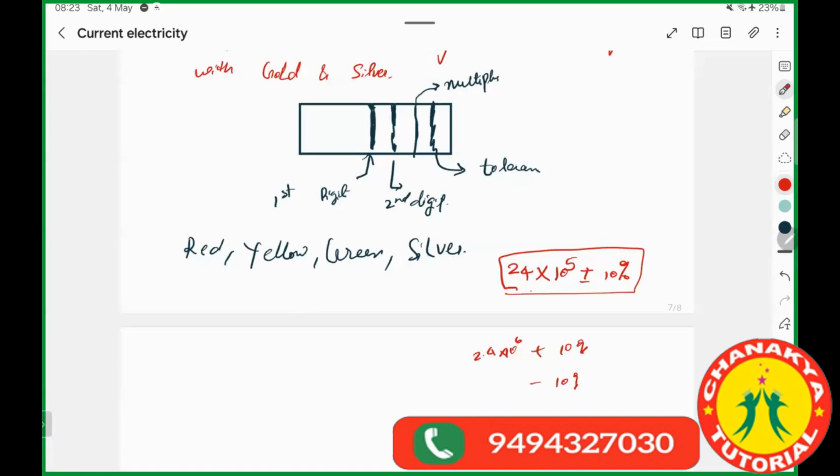So 10% of 2.4 is what? 0.24. Am I right? So this one we can write as 2.4 plus or minus 0.24 mega ohm. I'm sorry, not 2.5, it's 2.4.